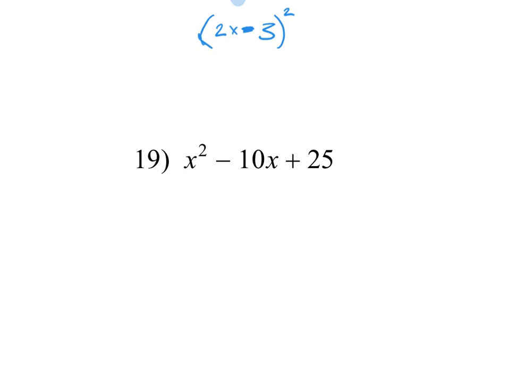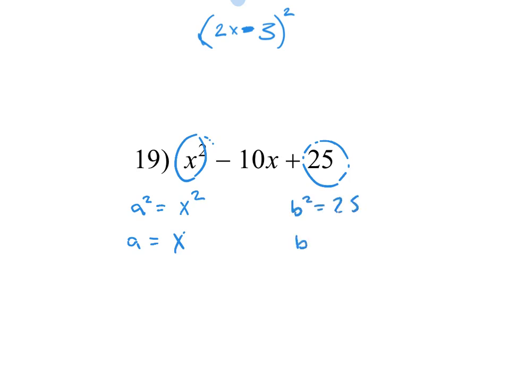What about 19? We have a perfect square and a perfect square. So A squared is equal to x squared. What's our A equal to? X. And then B squared is equal to 25. What's our B equal to? 5. Perfect.